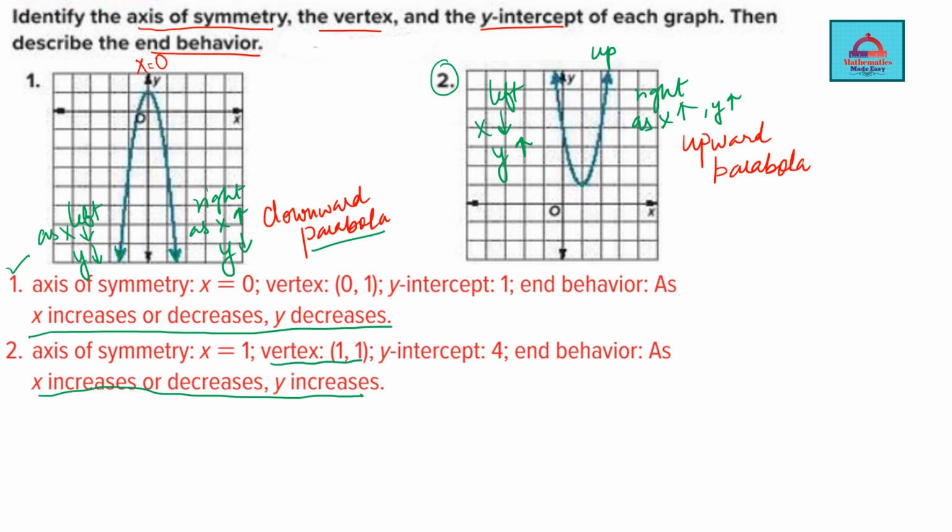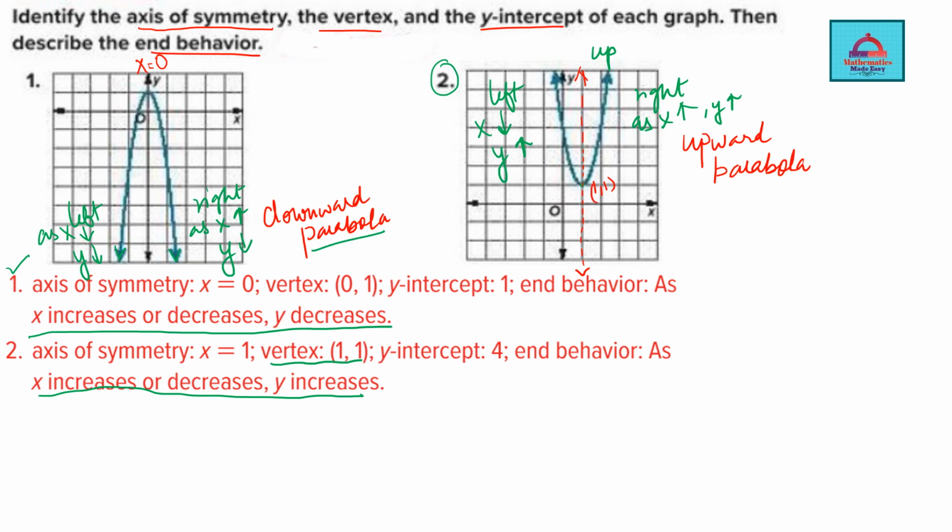That's your vertex. For the axis of symmetry, I'm going to draw it for you. This dotted line vertically divides the parabola into two equal parts, left and right. This is going to be the equation of the axis of symmetry.